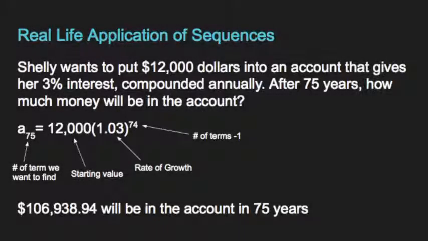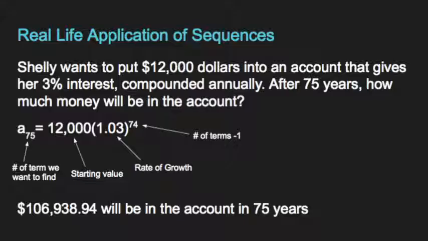Now let's look at another one. Shelley wants to put $12,000 into an account that gives her 3% interest compounded annually. After 75 years, how much money will be in the account? So again, you start off like this. A75, that is the number of the term that we want to find, is equal to $12,000, which is the starting value, times 1.03, which is the rate of growth.